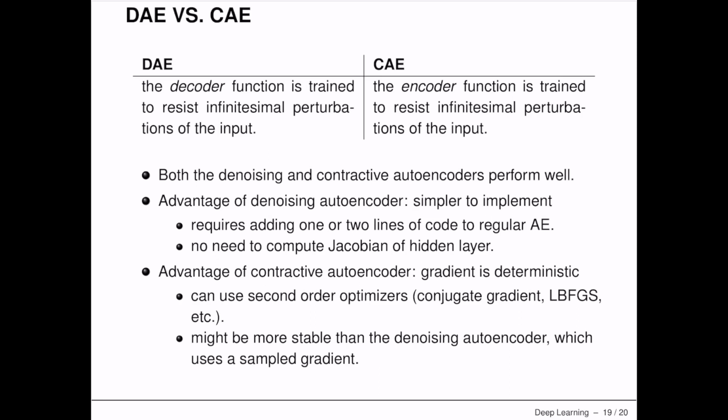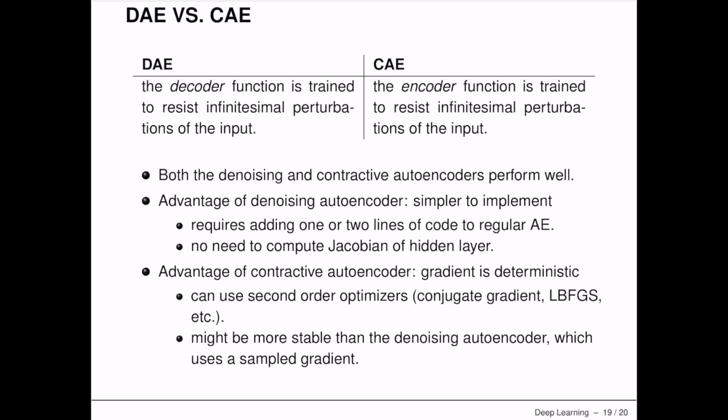And in the contractive autoencoder, we change the encoder function to resist these small perturbations, since we try to get the same hidden representation, the same code, for these varying inputs.